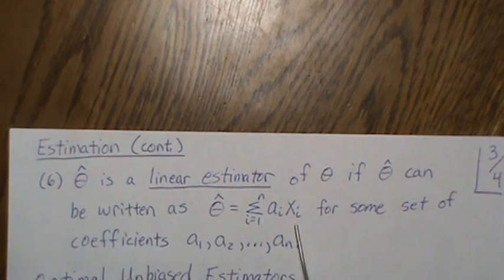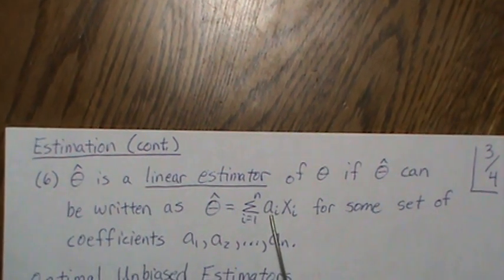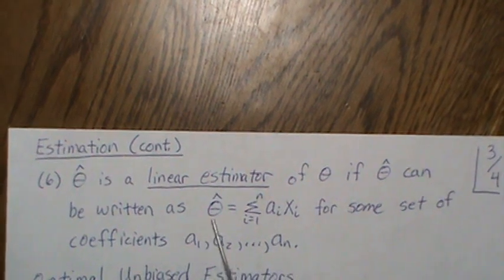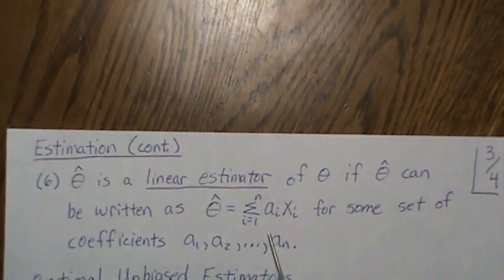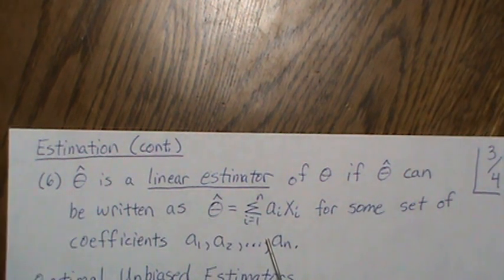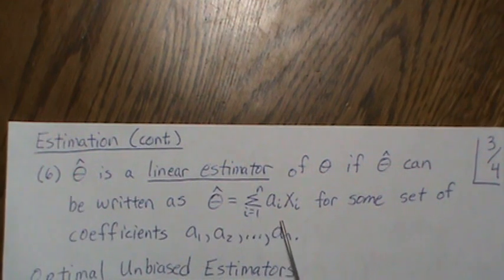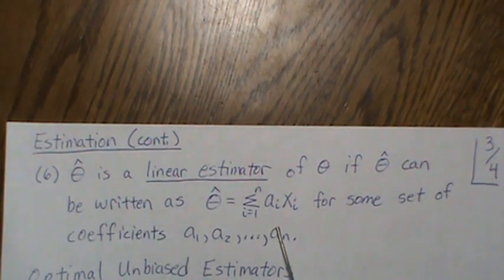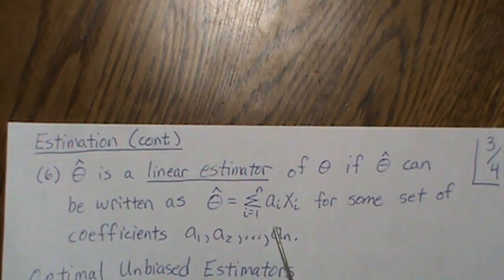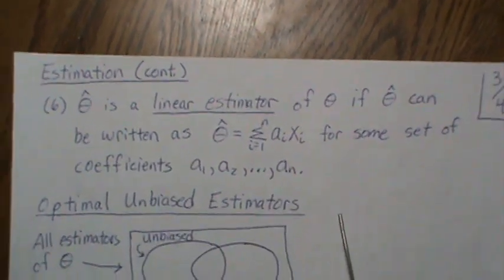So these are our data points 1 through n, and each one has a coefficient attached to it. Then this is how you define linear estimators. And when we're doing linear regression and we come up with our estimators for the beta parameters, it's nice to show that our estimates are actually linear estimators of our betas. And so that's what we're doing here.